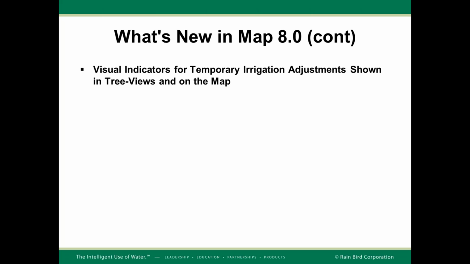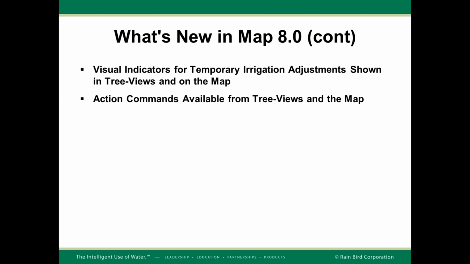So if we have temporary irrigation that has been reduced for a period of time, you'll see a red symbol on the map and a red arrow down in the side map view tree, indicating there is less water being applied. If you've increased it, you'll see a blue arrow going up in the view tree and a blue icon on the map. And again, we'll demonstrate and go through this in the live action portion of the webinar.